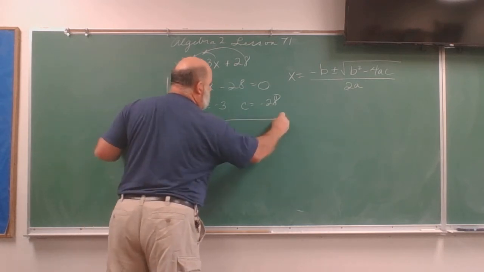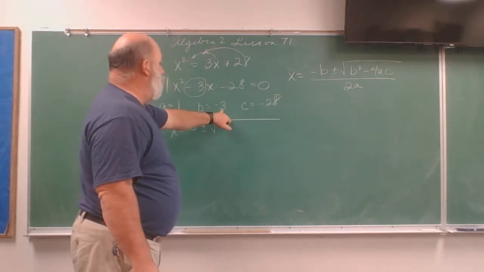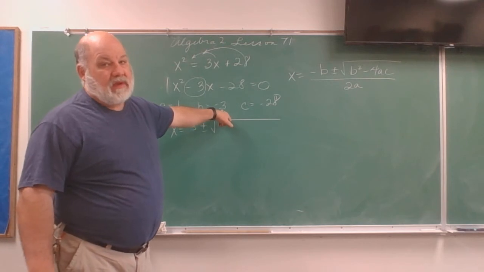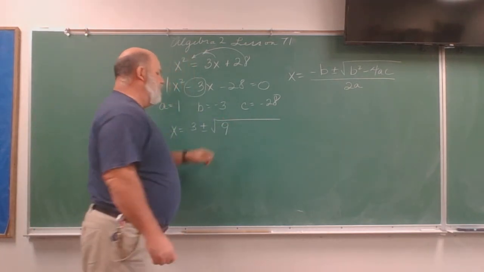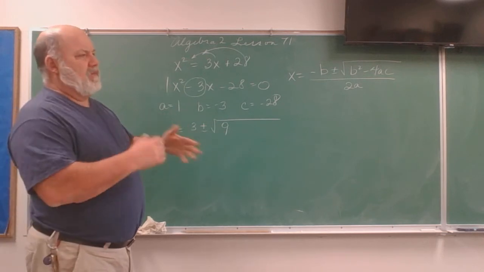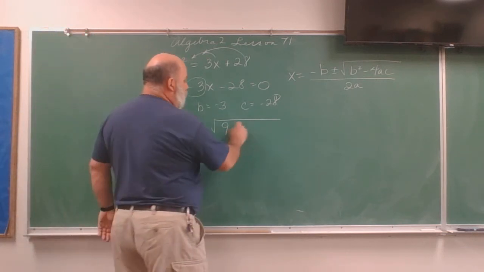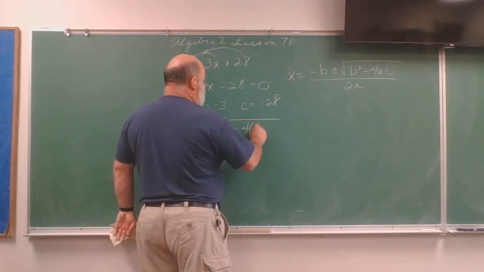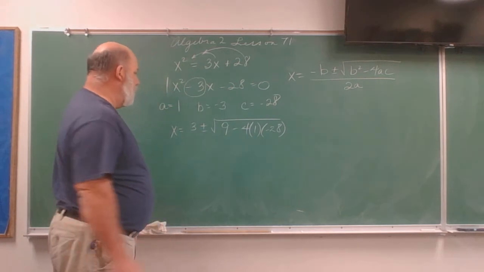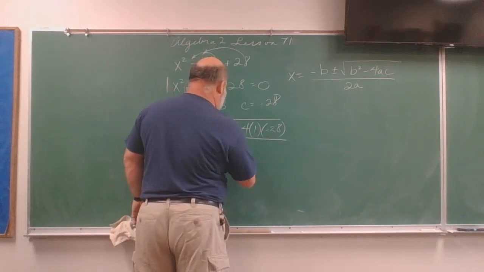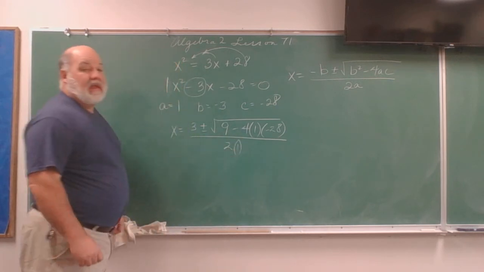Plus or minus the square root of b squared. What's negative 3 times negative 3? That's 9. That's one of the few ones that I won't show what I actually do. I usually just do that one in my head. But I do write minus 4 times 1 times negative 28, all over 2a times 1. Well, that one's going to be easy.